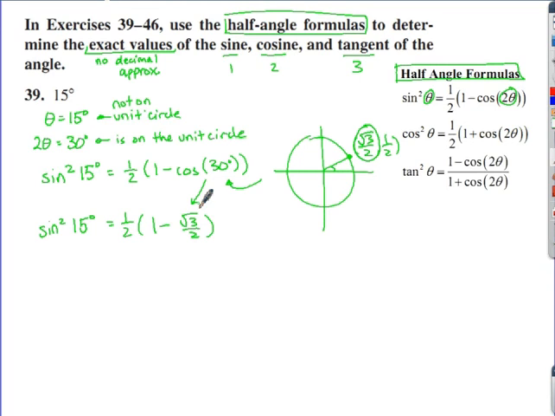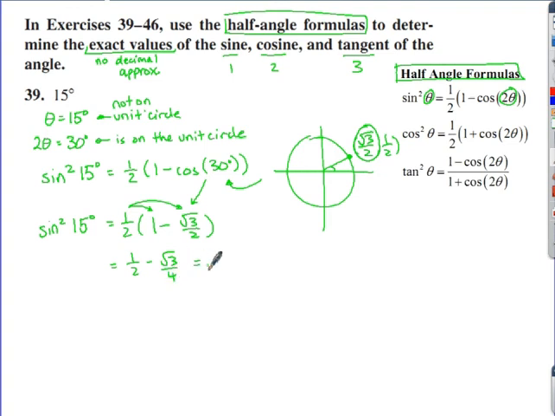We're pretty close, but we're not looking for sine squared, we're looking for sine. So we need to take the square root at some point, and we also need to simplify. First I'll bring the 1/2 in: 1/2 minus √3/4.